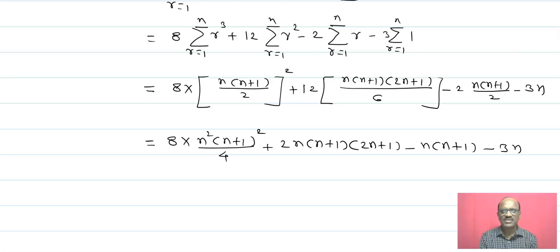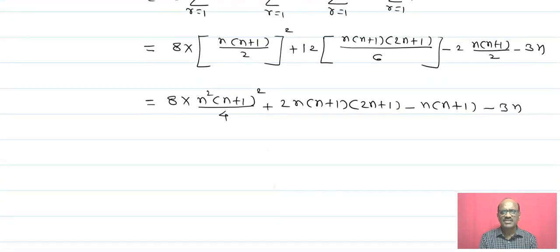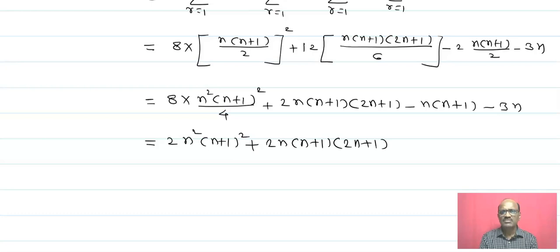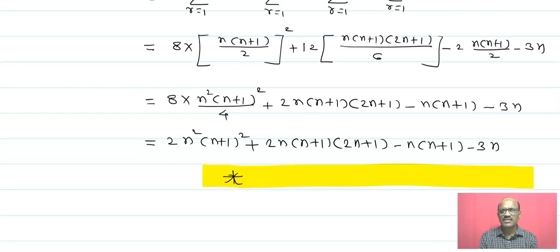Now the next simplification. In this case, 8 upon 4 is 2 n square in bracket n plus 1 bracket square plus 2n in bracket n plus 1 into 2n plus 1 minus n into n plus 1 minus 3n.